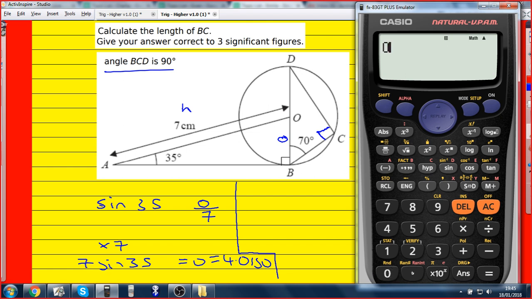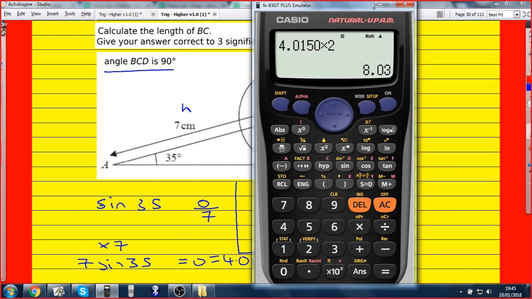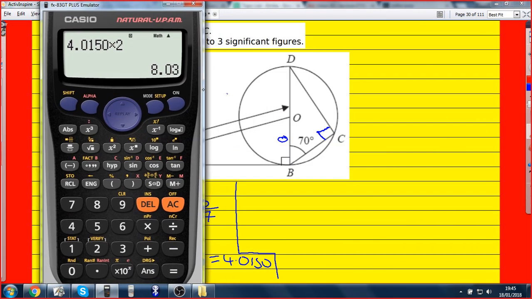I'll just keep it simple. 4.0150 times 2. And so what is this? So then BD equals 8.03.